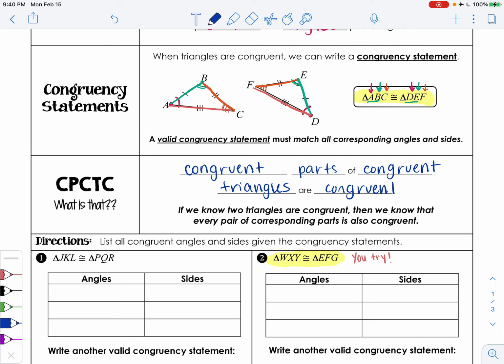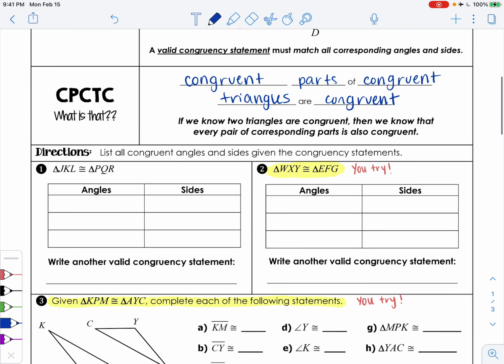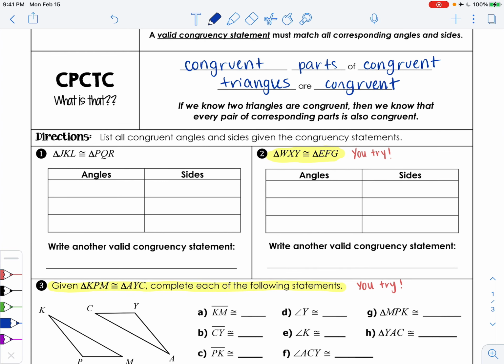It just says that congruent parts of congruent triangles are congruent. When we get into these congruent triangles, we can actually say that two triangles are congruent without knowing that all their pieces are congruent. But once we know that the two triangles are congruent, we can say that all the pieces must be congruent. That's what CPCTC is. It's hard to fully understand without seeing an example, so if you're still a little bit confused, we'll definitely get to that later.